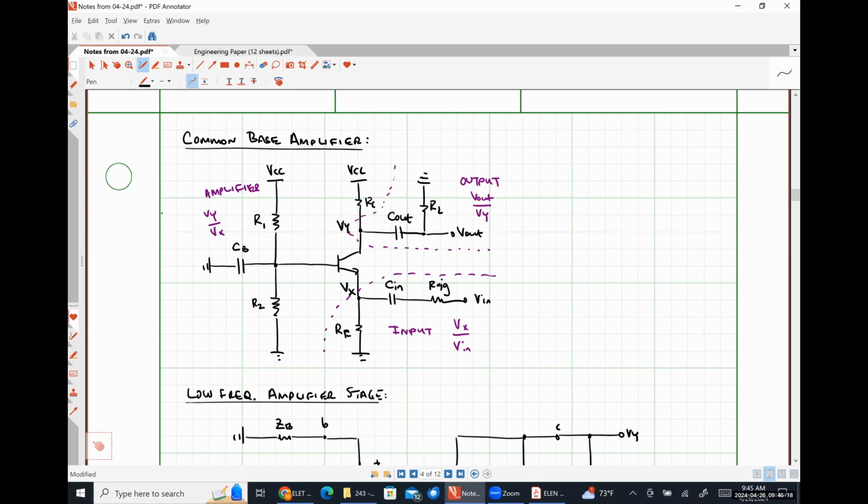When CB is assumed to be a short circuit, it shorts out R1 and R2, so we're not going to see any base resistance whatsoever, right? And when C out is a short circuit, that's just putting RC directly in parallel with RL. So I believe that the resistance seen looking up is just going to be the resistance looking into the source when our base is tied to ground, and we replace RC with RC in parallel with RL.